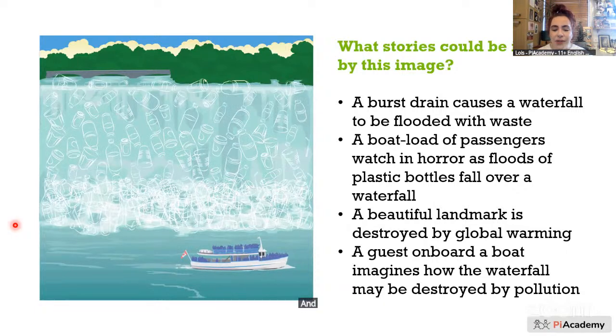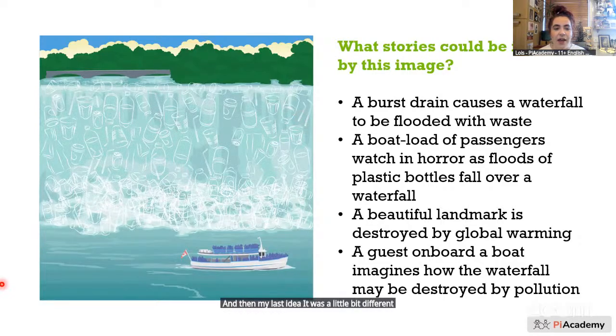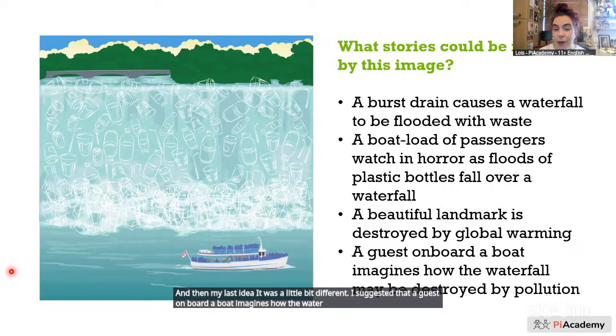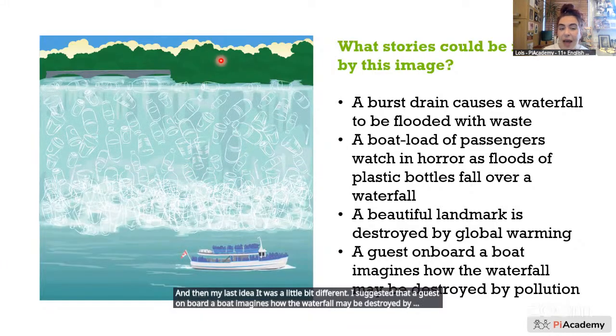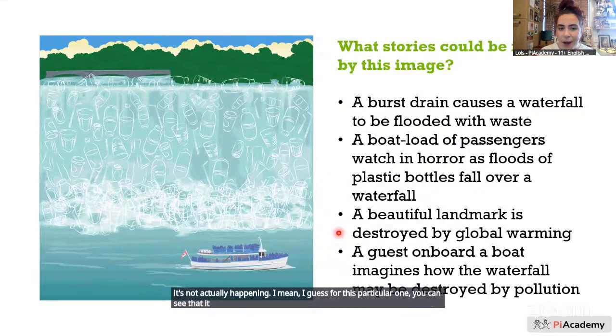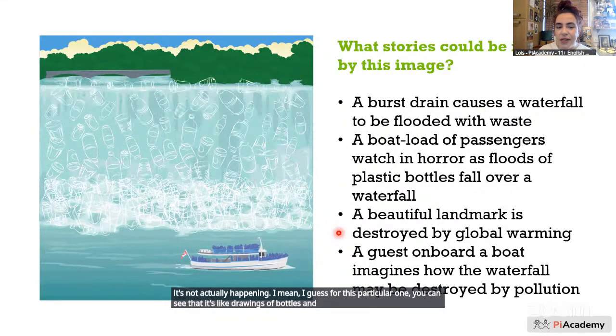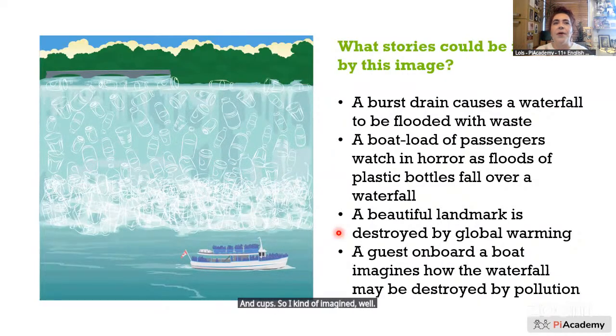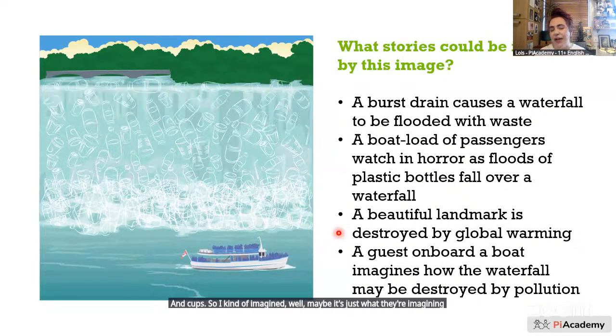And then my last idea was a little bit different. I suggested that a guest on board a boat imagines how the waterfall may be destroyed by pollution. So it's not actually happening. I mean, I guess for this particular one, you can see that it's like drawings of bottles and cups. So I kind of imagined, well, maybe it's just what they're imagining could happen, not actually really happening.